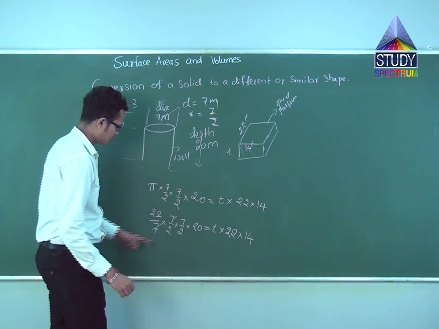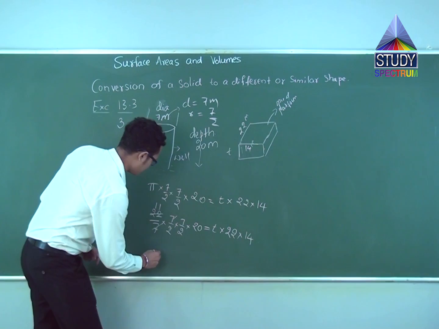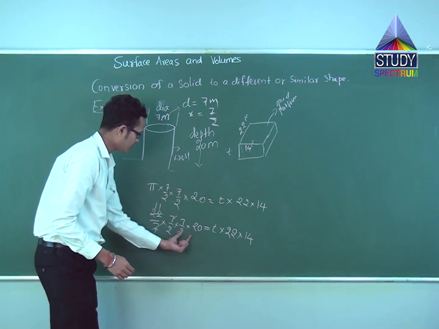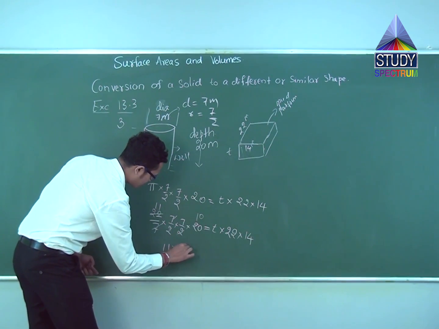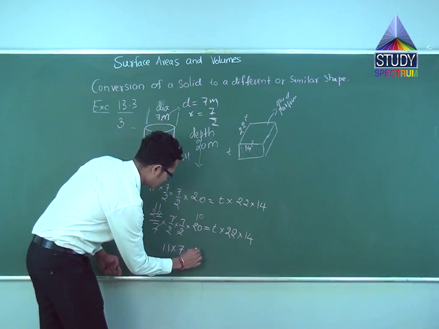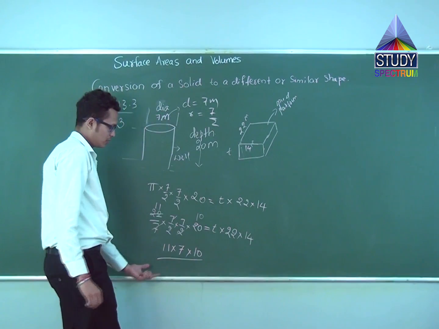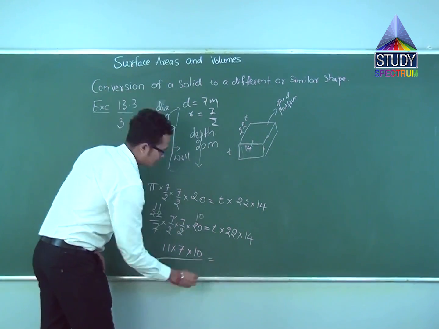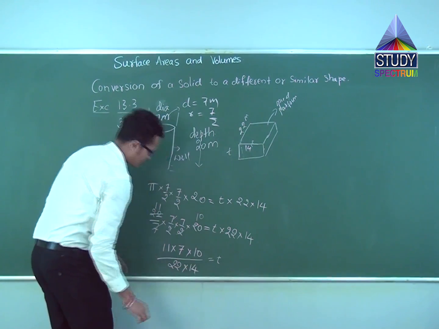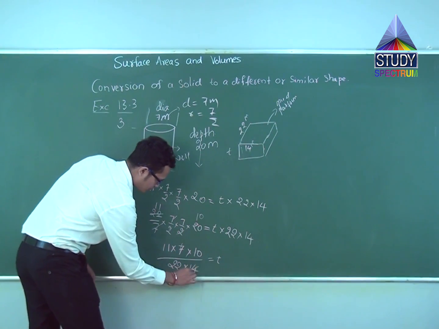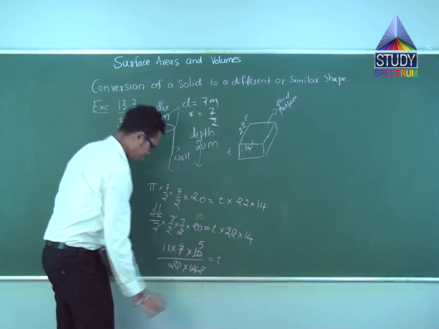7 goes out with this. 2 times 11 gives me 22. Here also 20 by 2 is 10. So 11 into 7 into 10, divided by, taking the integers in the denominator on the left hand side gives me T, 22 into 14. 7 times 2 gives me 14. 2 times 5 gives me 10.